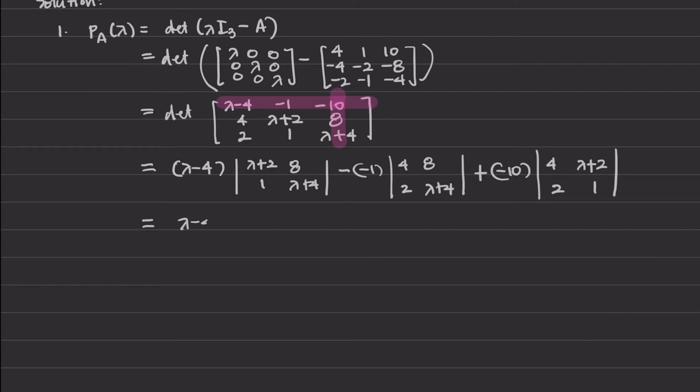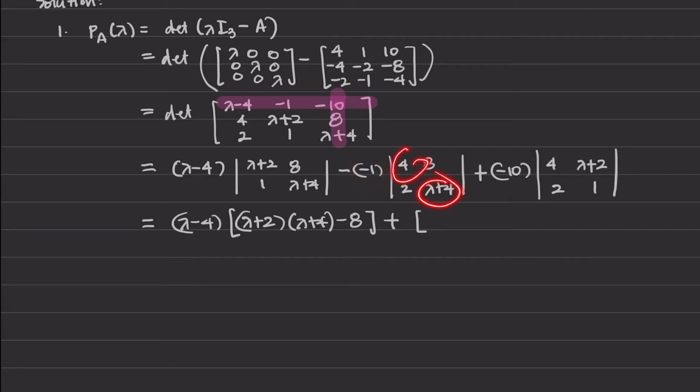So, lambda minus 4 times this times this, lambda plus 2, lambda plus 4 minus 8. So, ito lang talaga yung matrabaho dito. So, magiging plus 1 na lang, kaya hindi ko na sinulat.